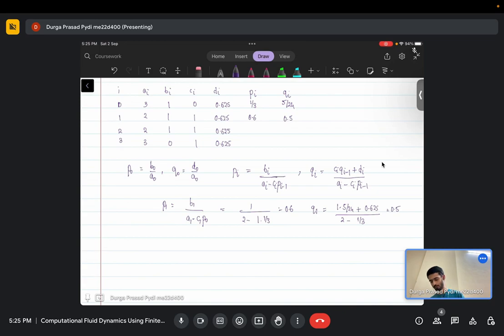So P2, use the same formula. P2 is b2, which is 1, by a2 minus c2 into P1. P1 we have a value of 0.6. So this gives us the value.